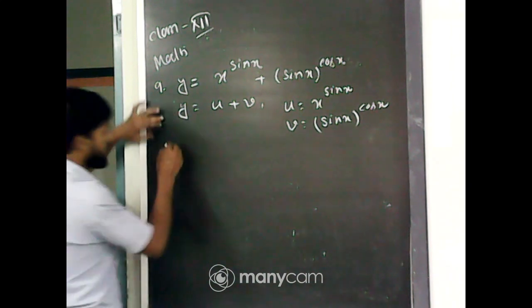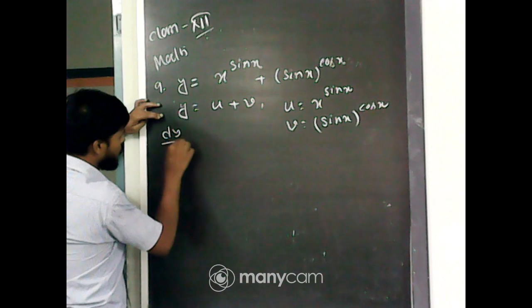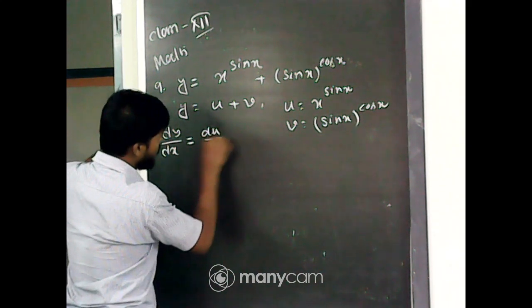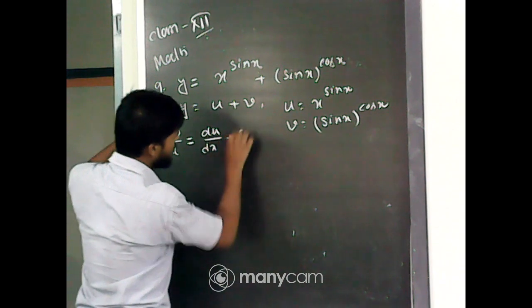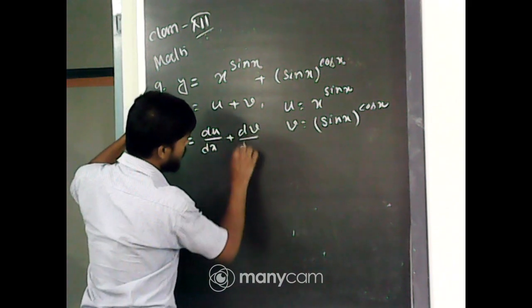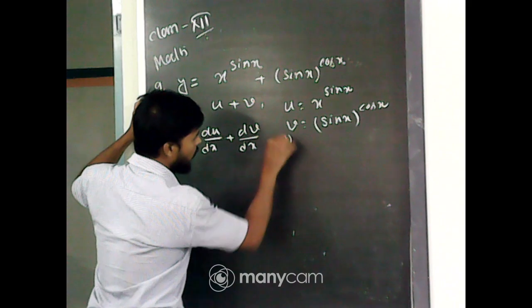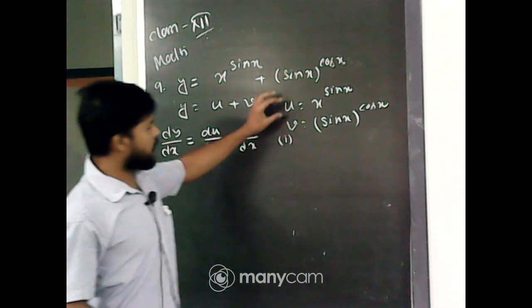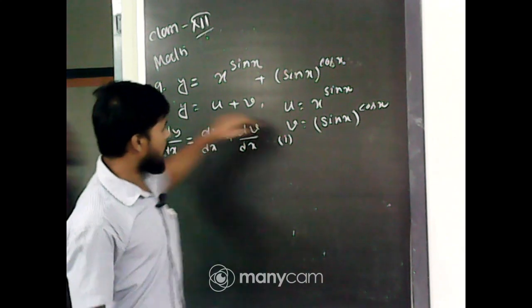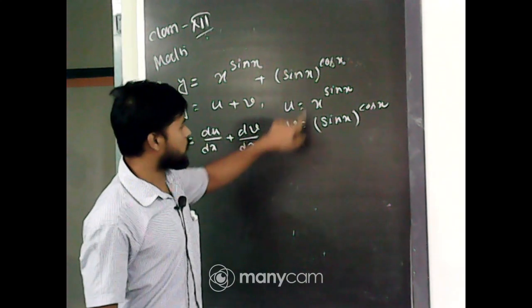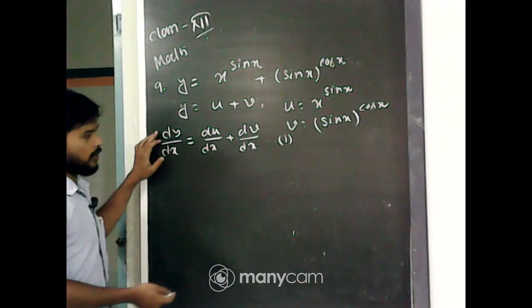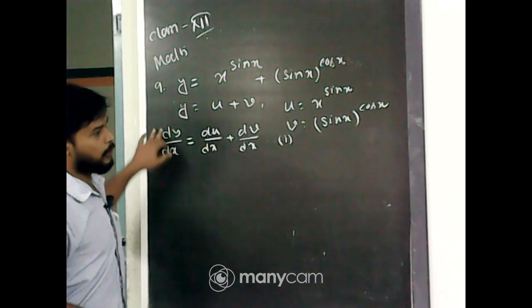So dy/dx will be du/dx plus dv/dx. Let this be equation number 1. If we can calculate du/dx and dv/dx from these two expressions and put them in equation number 1, we have the value of dy/dx.